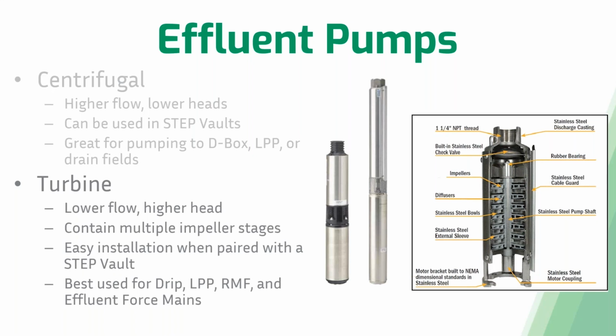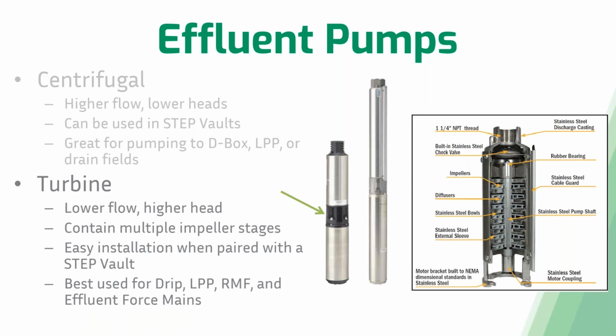These pumps are going to be quite different from a centrifugal pump. The inlet to the pump is actually going to be in the center of that pump, and it's usually going to have some sort of smaller inlet holes inside of that pump just to help keep any sort of large solids out. The motor is going to be on the bottom of that pump, and then along the top is going to be your impellers, and then up to your discharge.